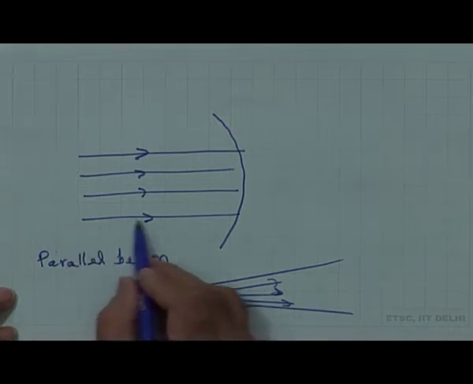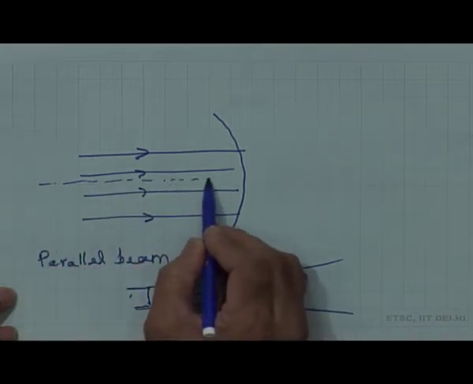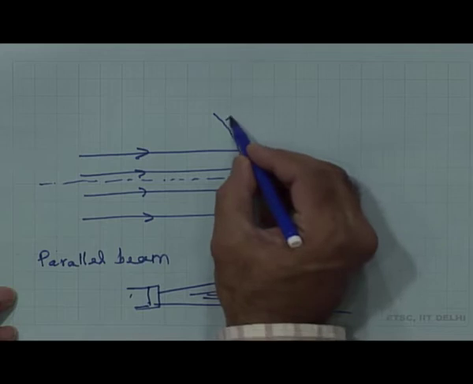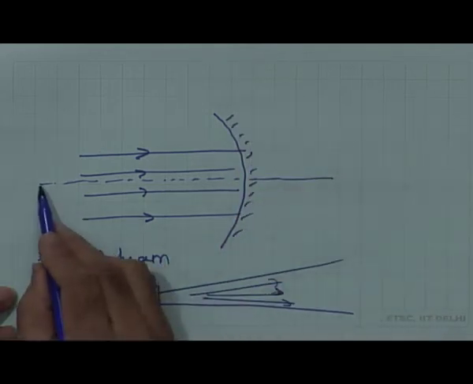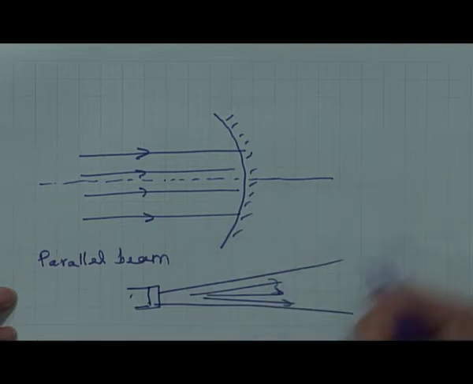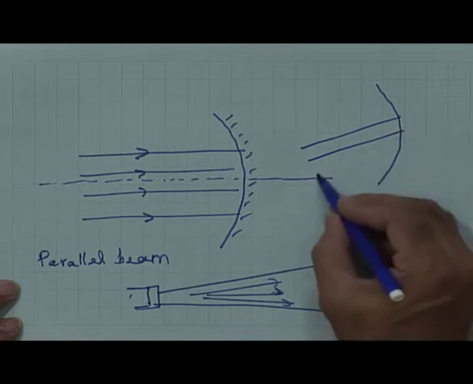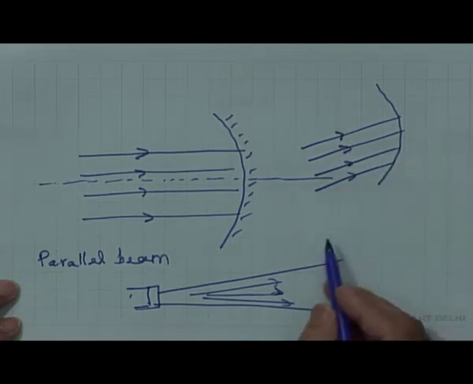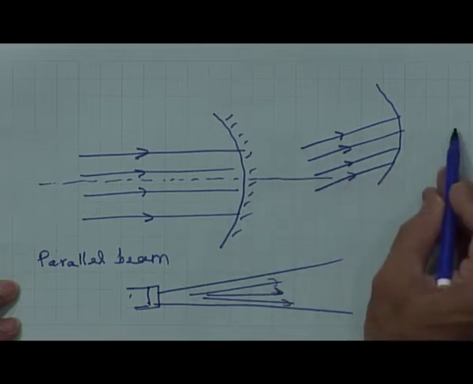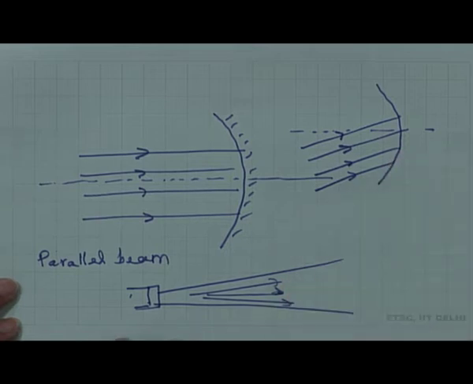So, if a parallel beam, that is, parallel rays, are incident on the mirror, here we are talking of rays parallel to the principal axis, because I could as well have parallel rays incident like this. So, this is parallel rays with oblique incidence to the principal axis. I am not talking about this right now, we will talk about this a bit later.